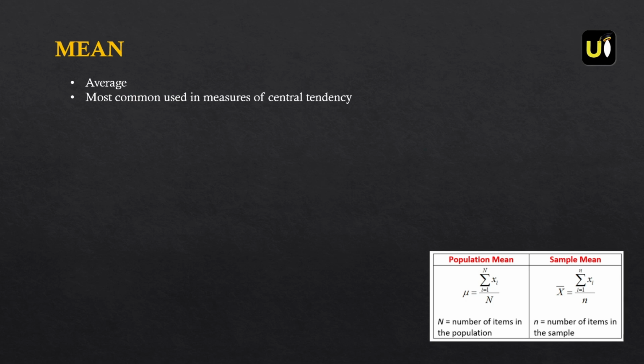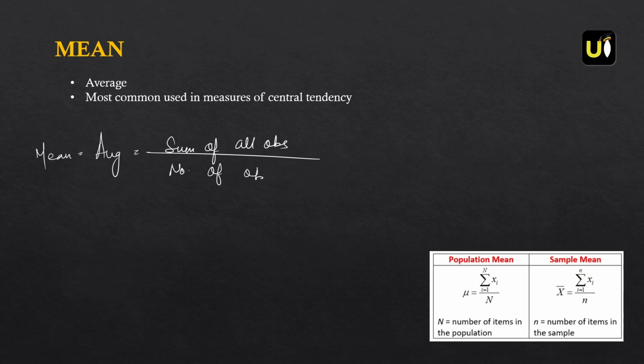So now we have mean here. Mean is also called the average, that is mean is equal to the sum of all observations upon the number of observations. It is the most commonly used measure of central tendency.